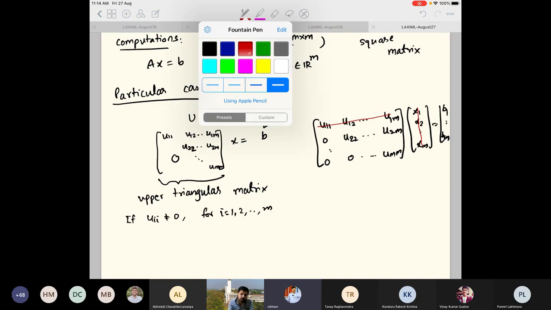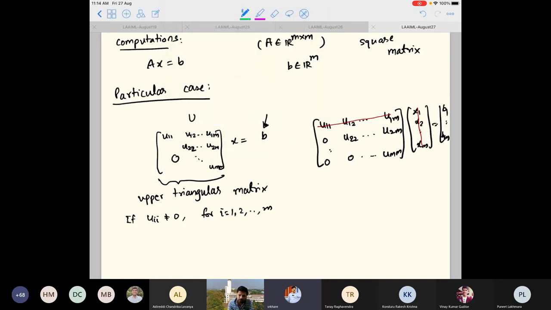And with the same logic, what is the last entry? The mth entry is this multiplied by this, correct? So I'll write the last, mth entry first. And what is that? Umm xm is equal to bm.